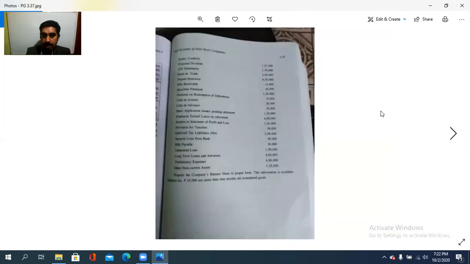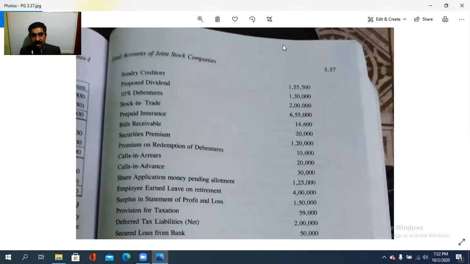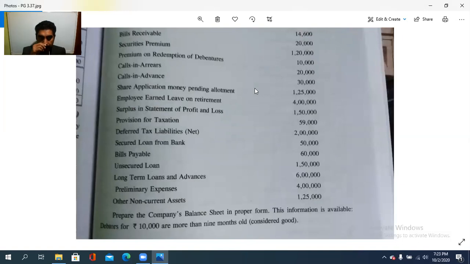Then sundry creditors 1,55,500, proposed dividend 1,30,000, 10% debentures 2 lakh, stock in trade 6,55,000, prepaid insurance 14,600, bills receivable 20,000, securities premium 1,20,000, premium on redemption of debentures 10,000, calls in arrears 20,000, calls in advance 30,000, share application money pending allotment 1,25,000, employee earned leave on retirement 4 lakh, surplus in statement of profit and loss 1,50,000, provision for taxation 59,000, deferred tax liability, that is the net amount, 2 lakh, secured loan from bank 50,000, bills payable 60,000, unsecured loan 1,50,000.